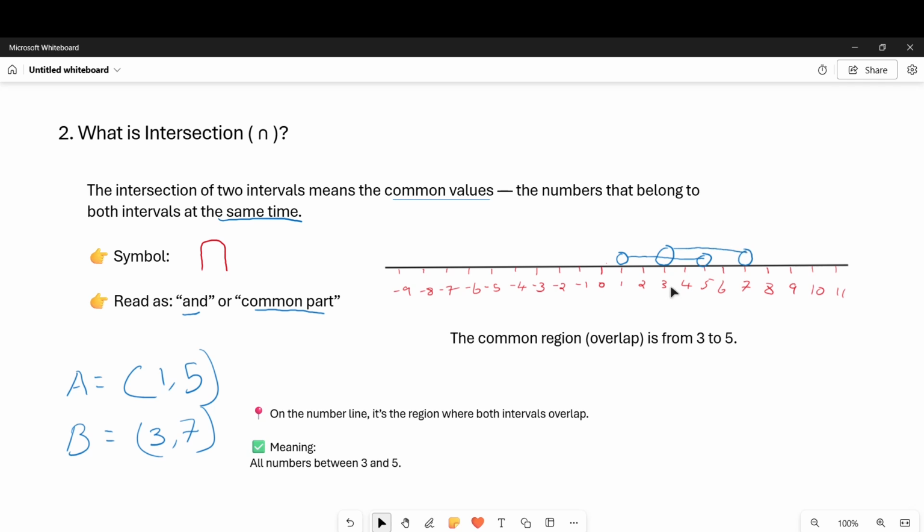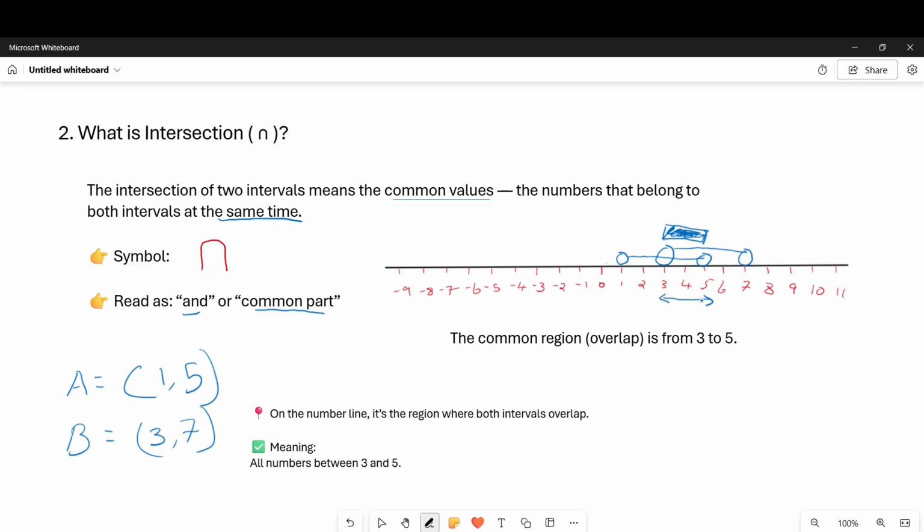As per the definition, common values mean the overlapping values of the two intervals, or the merging section. Which is the merging section here? The merging section is from 3 to 5.